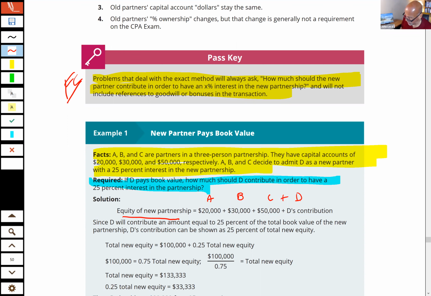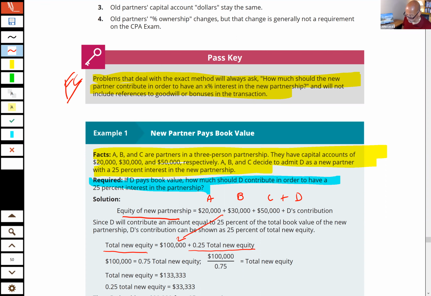If you take A plus B plus C, that totals up to what? 100,000. And then when D comes in, D will come in with whatever is necessary to give them 0.25 of the total new equity. So we set up that total new equity equal to what's already in there, plus whatever D's going to have to contribute, which is our job to figure out.